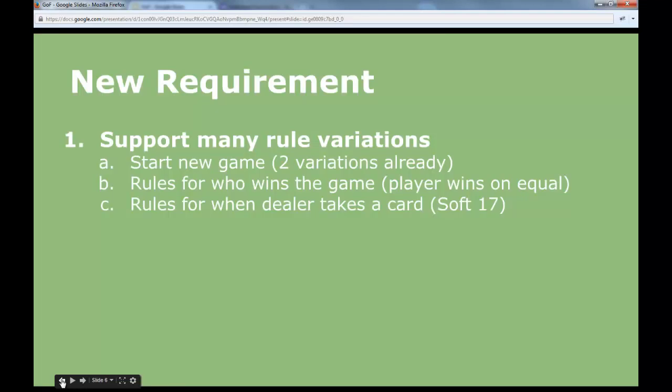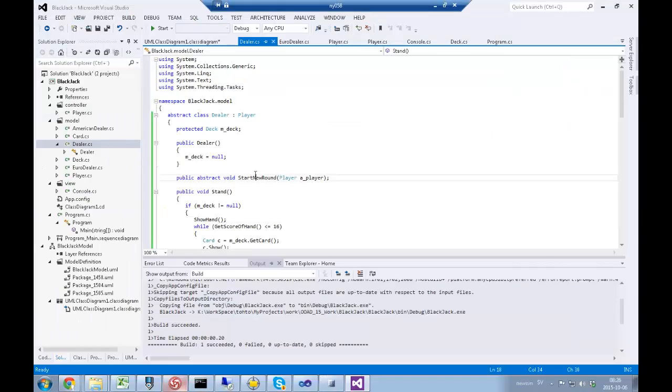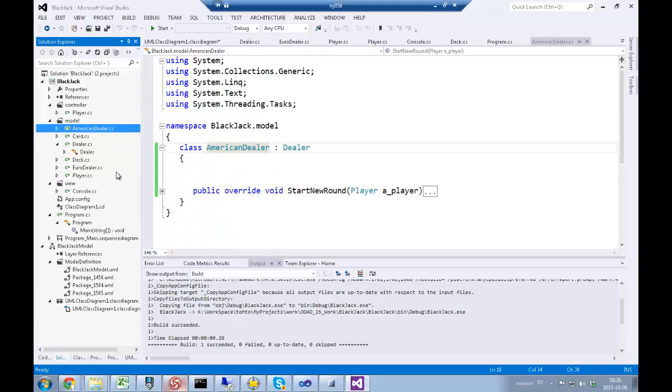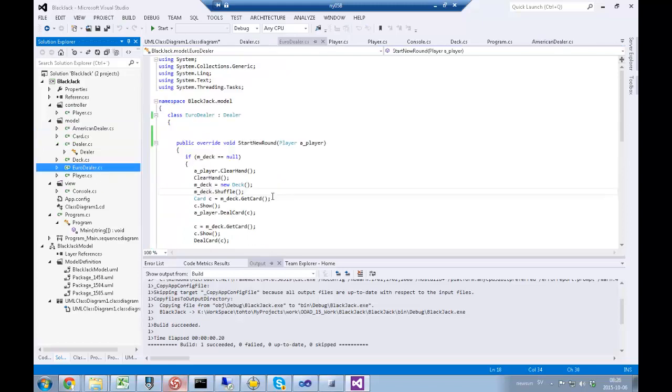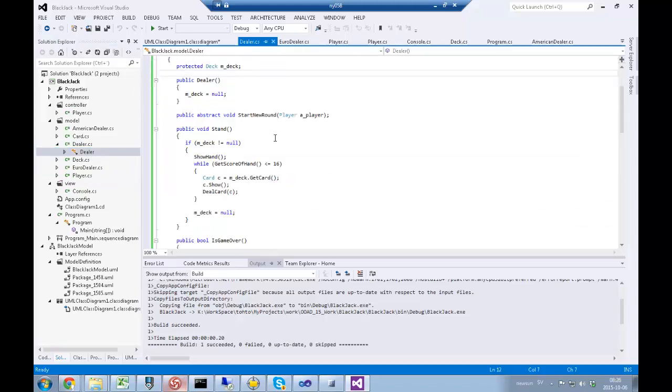So let's go back to our little blackjack game. If you remember, the last thing we did was this rule variation. We created the American dealer and the Euro dealer, and we had an abstract base class here for dealer, and we could now implement this operation in different ways.